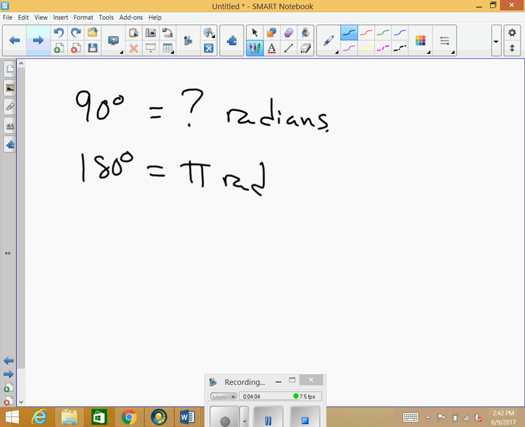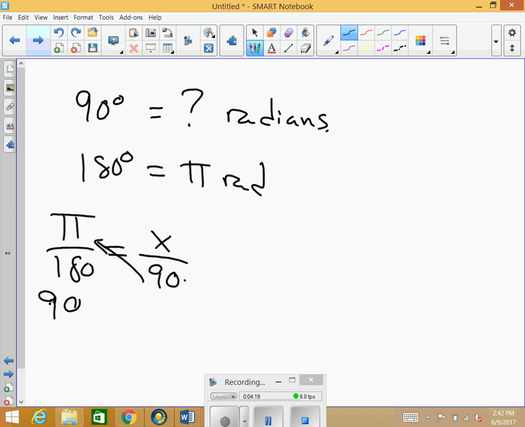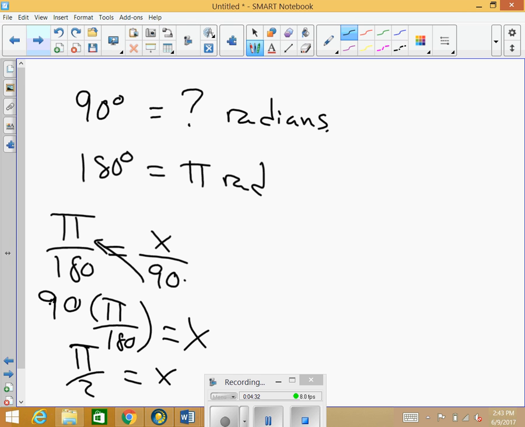So let's say if I have pi over 180, I know that's going to be equal to x radians over 90. So I just do a little bit of cross multiplication. 90 times pi over 180 gives me x radians, and that's going to be pi over 2. I want to keep it in this fraction because it makes things a little easier.